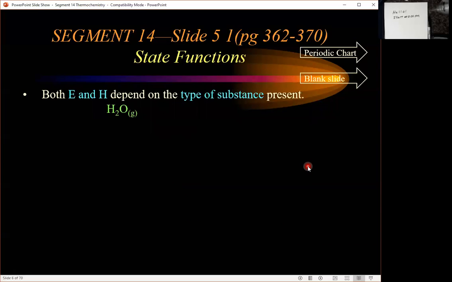Now, both E and H do depend on the type of substance that's present, and actually the amount too. They're not intensive variables, they're extensive variables. So I could have water as a gas, I could have water as a liquid, or I could have water as a solid.